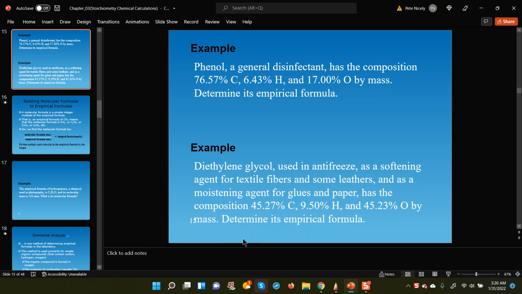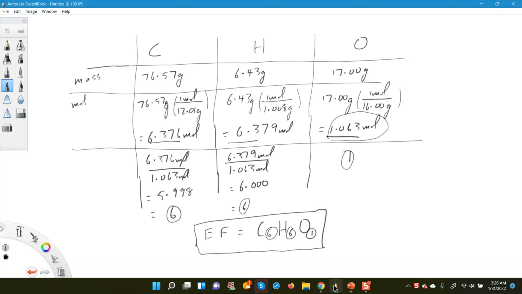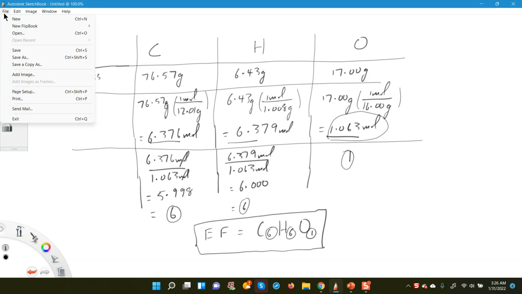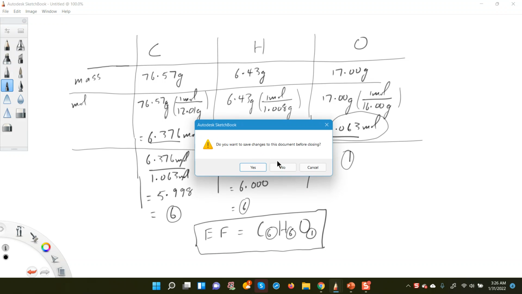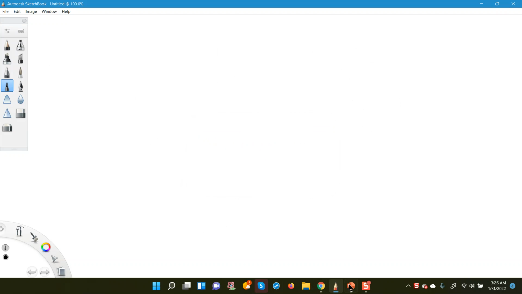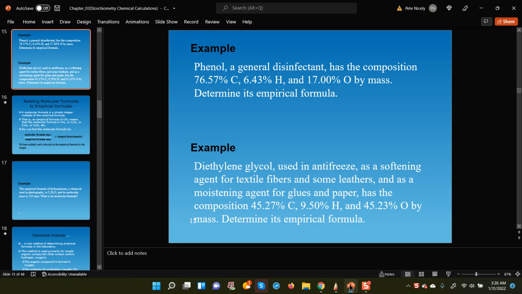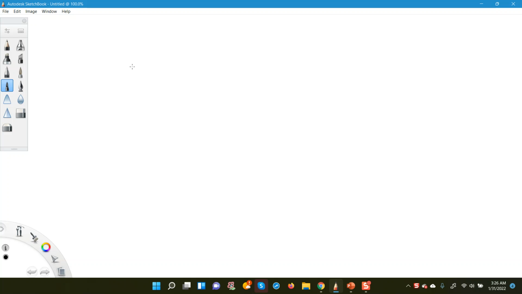Let me get rid of all this. Again, I like to do it in a tabular fashion: carbon, hydrogen, and oxygen at the top of the table.